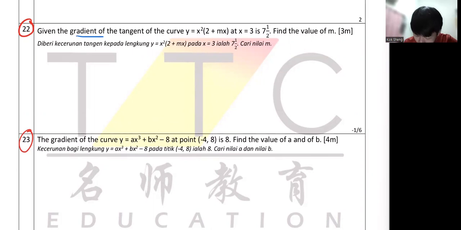Given the gradient of the tangent of the curve at x equals to 3 is 7 1/2. Find the value of m. Okay, diberi keturunan tangent kepada lengkung pada x equals to 3, 7 1/2. Cari nilai m.